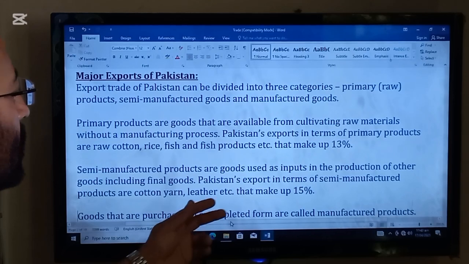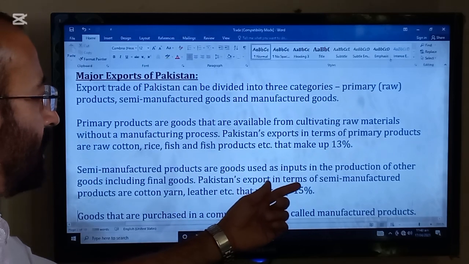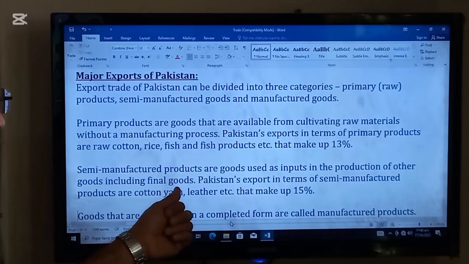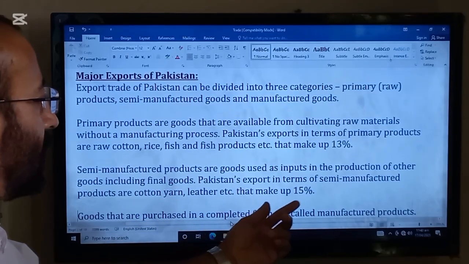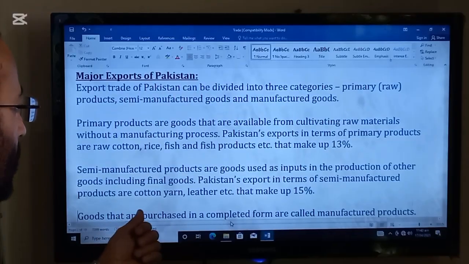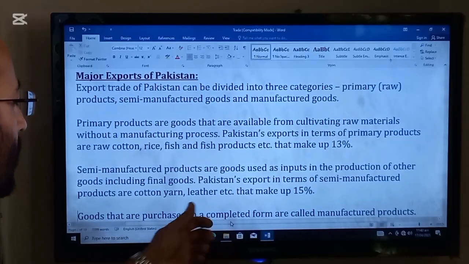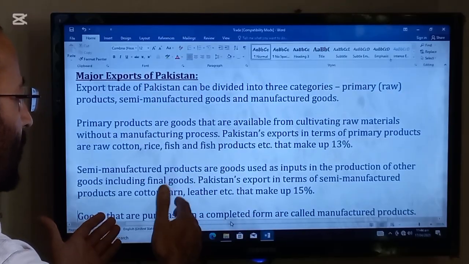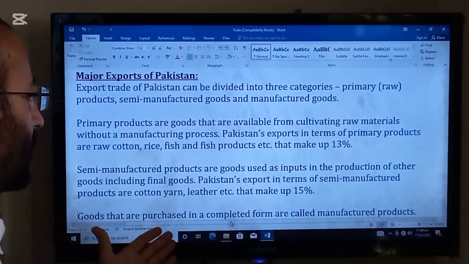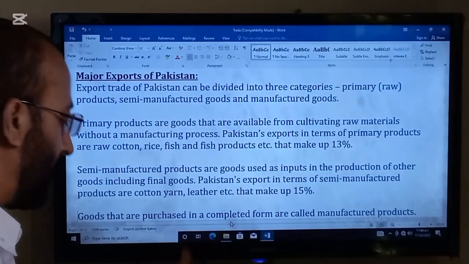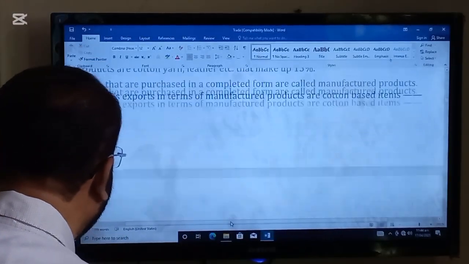Semi-manufactured goods are the goods used as inputs in the production of other goods, including final goods. Pakistan's exports in terms of semi-manufactured products are cotton yarn, leather, etc. So these are the semi-manufactured products that are exported by Pakistan to other countries that make up 15% of the total exports of Pakistan.